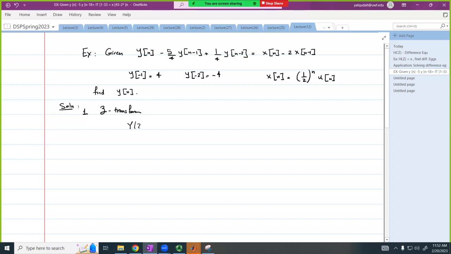Y of z minus 5 over 4 z to the -1 multiplied by y of z plus y at -1 multiplied by z to the 1. So y at -1, which is 4, multiplied by z to the power of 1.